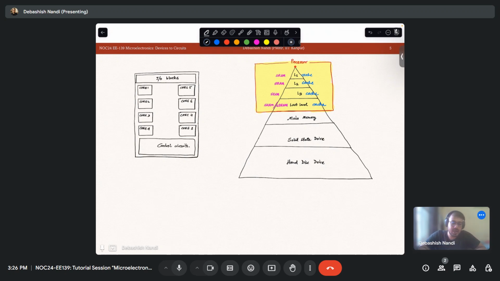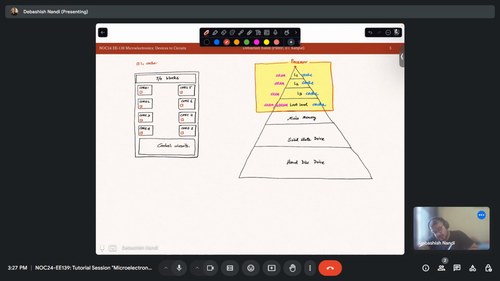Fine. Now, where do these cache memories lie? So these blocks, let's say these are L1 cache. Okay. So every core has its dedicated L1 cache.